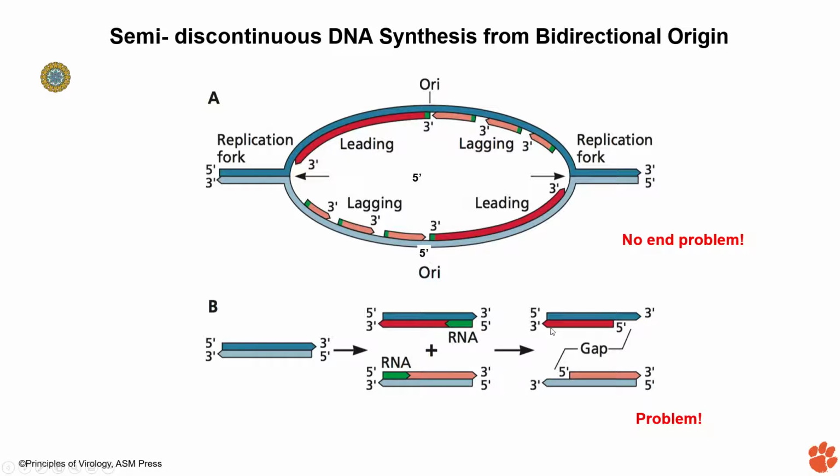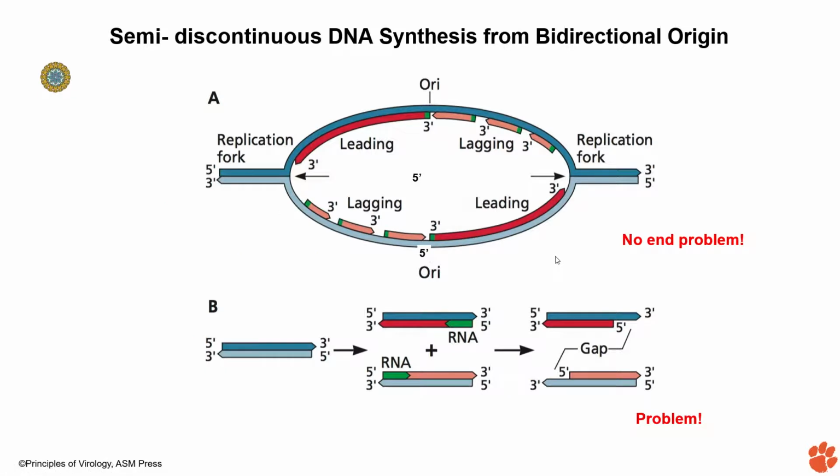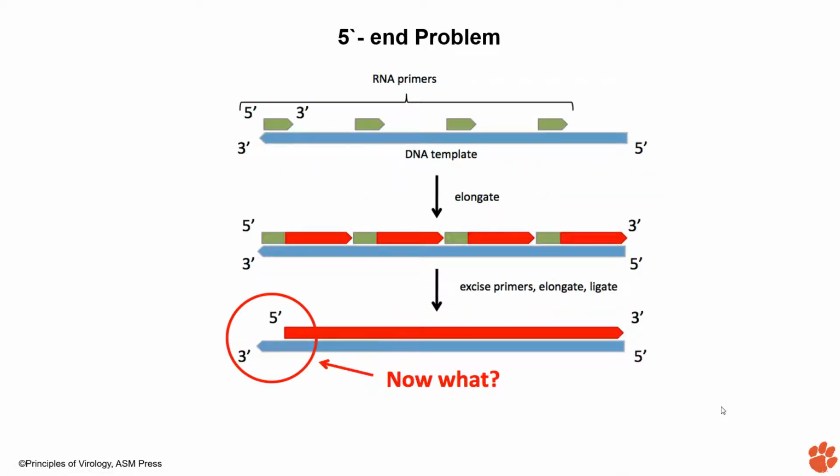They will go around, and it will go all the way towards the end, and there is no end problem because this is a circular DNA. There is really no end in a circle. So this is what we call the end problem.